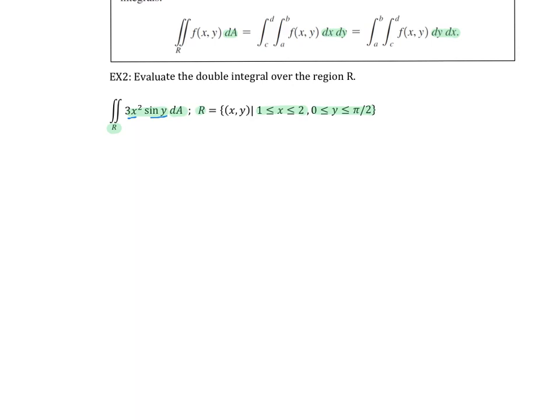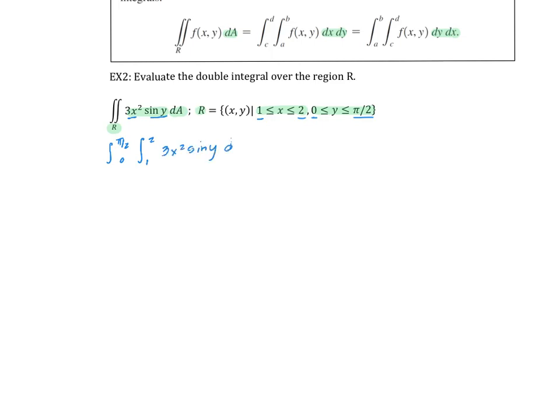So I'm going to choose to set up my integral so that my y is last, which would mean that y is going from 0 to pi over 2. I'm going to put my x's first, that's 1 to 2, of 3x squared sine y.